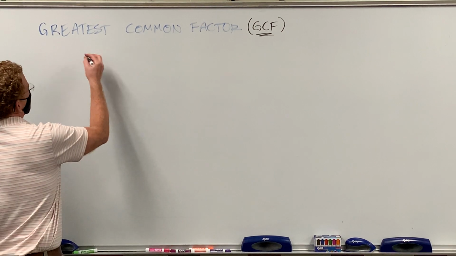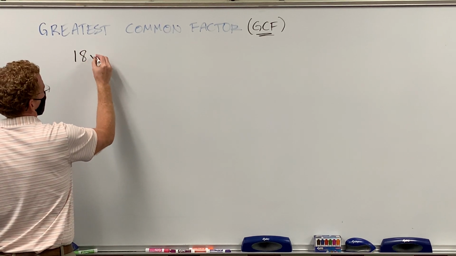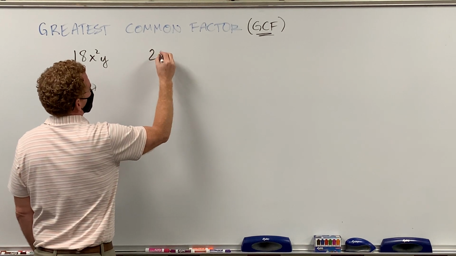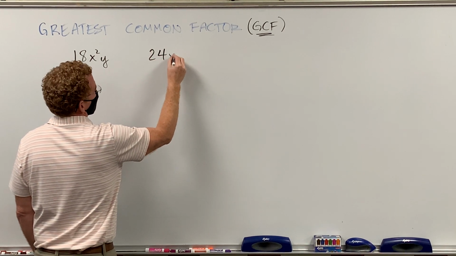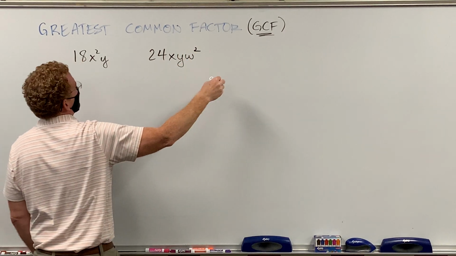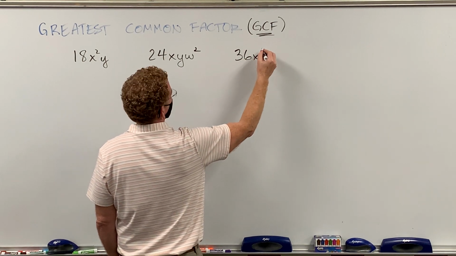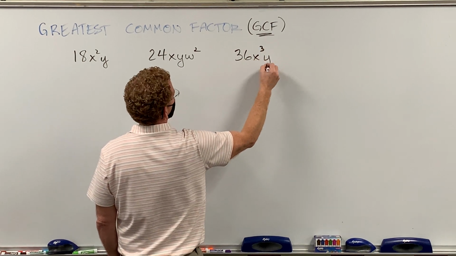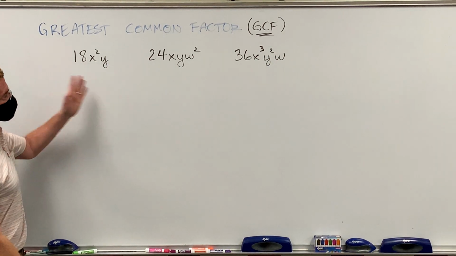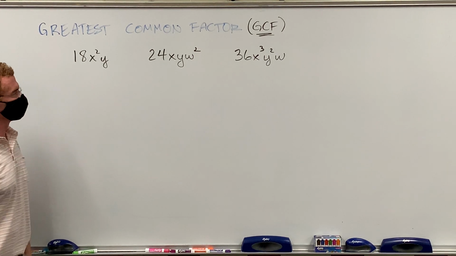So if I give you a number like, say, 18x squared y, and maybe something like 24xy w squared, and maybe something like 36x cubed y squared w, and I said, find the greatest common factor, can you eyeball that and see what it would have been?